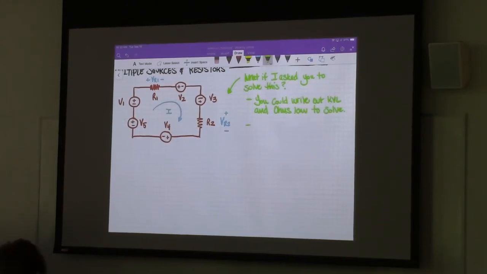When I say solve this, I'm going to say solve for I. So you can write out KVL, Ohm's law, and you could solve it that way. We know how to do that. But what if there was an easier way?